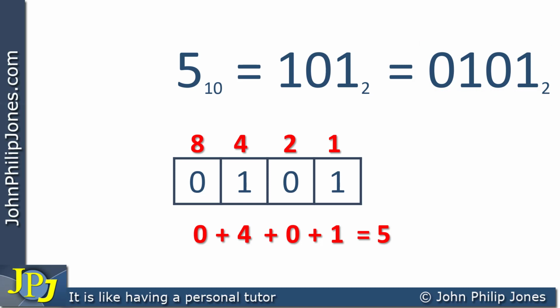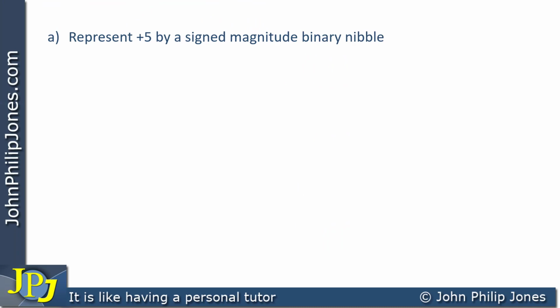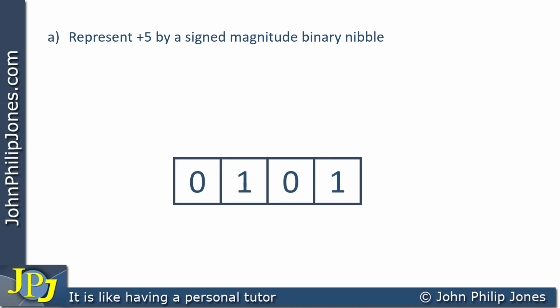The question asks you to show it as a signed magnitude representation, which is what I'm going to go on to in the next slide. So we can see here it is saying represent +5 by a signed magnitude binary nibble. Let's have a look at this. We know this is an unsigned representation of 5 as covered in the last slides in this video.